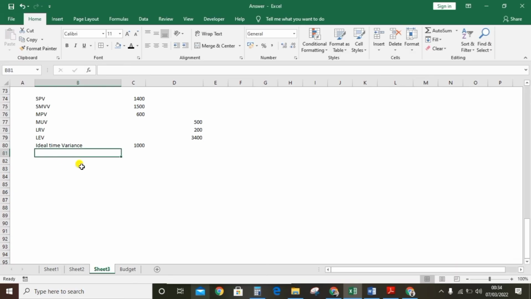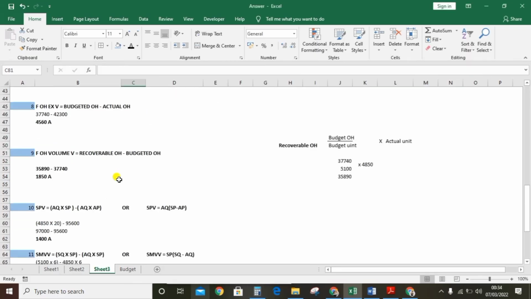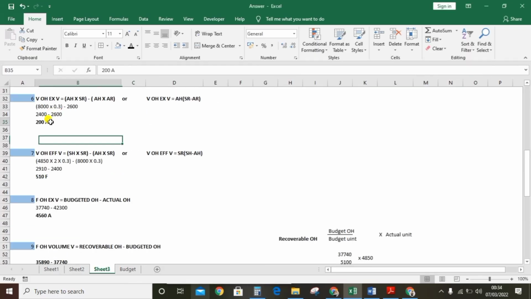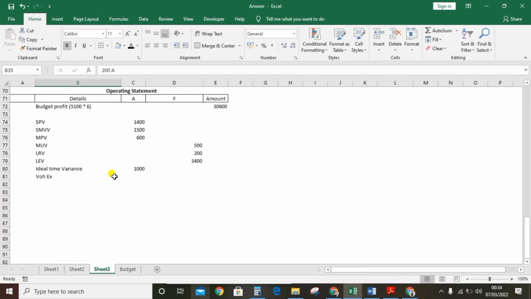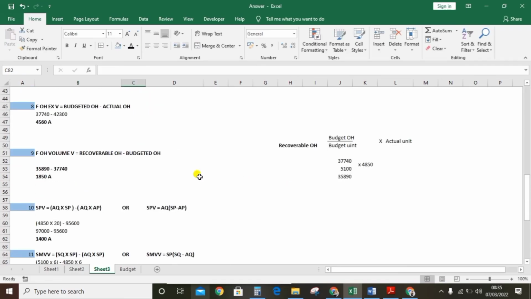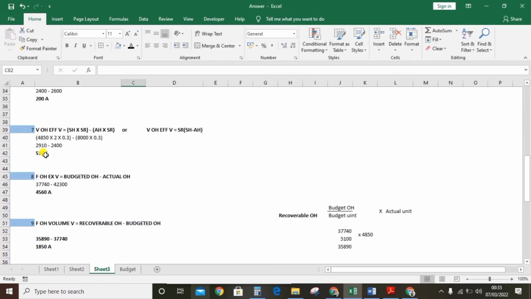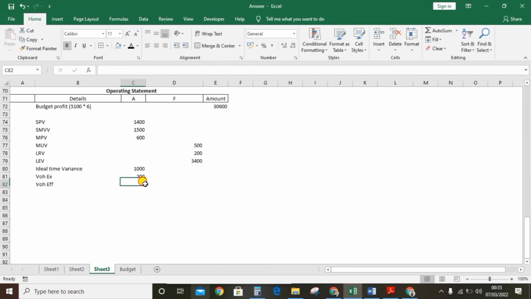And variable overhead expenditure variance, 200 adverse. Variable overhead efficiency variance, 510 favorable.